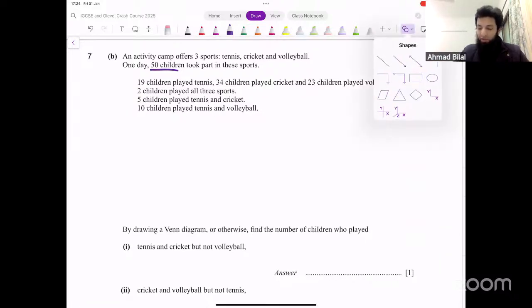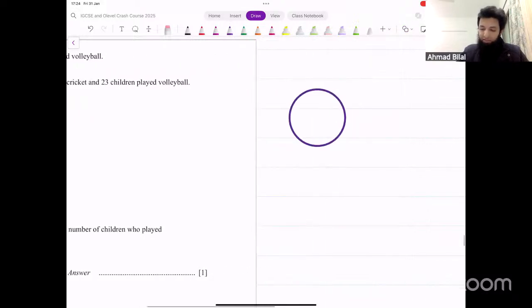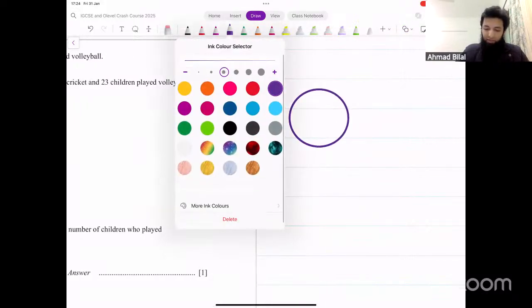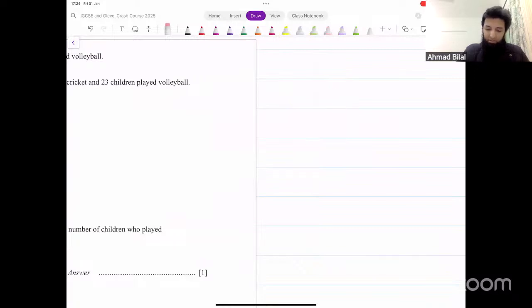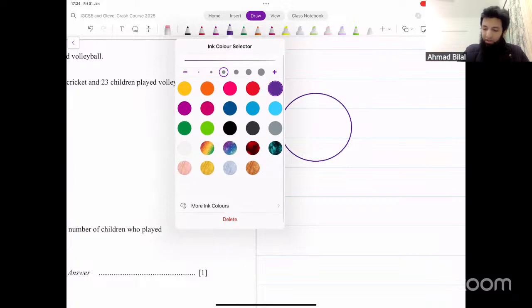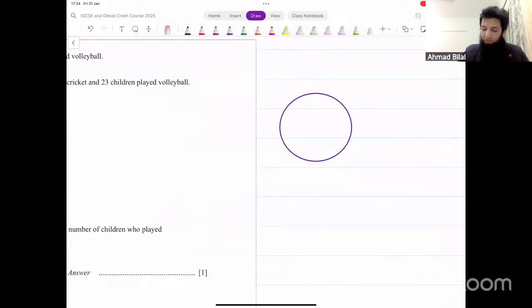Now, first of all, let's make 3 circles here, which will represent each of those 3 different sports. We've got 1 circle here, 1 circle here, and another circle here.